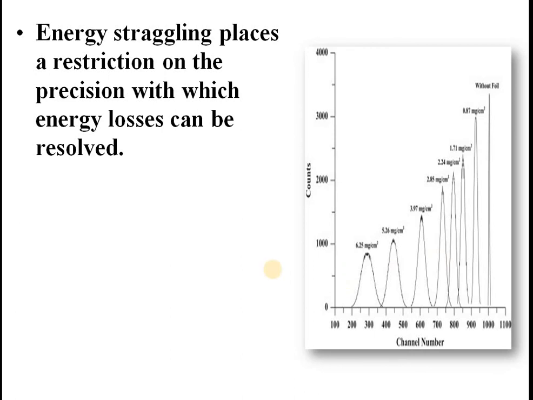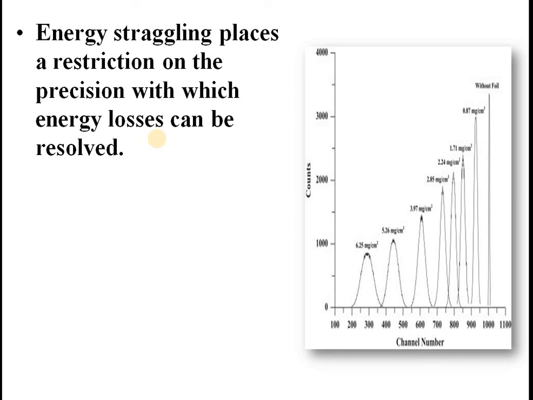Energy straggling places a restriction on the precision with which energy loss can be measured. So energy straggling also leads to some inaccuracy in the prediction of the target atom. How are we affected? Because we are interested in measuring the difference in the energy of the incident and scattered particles.